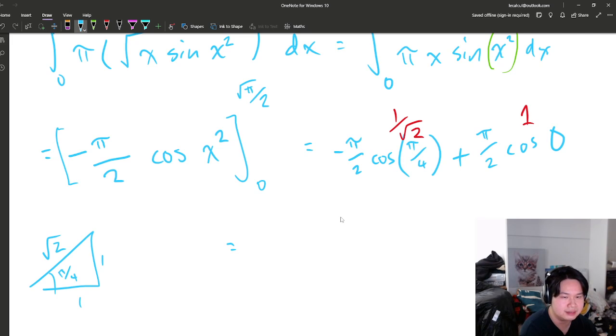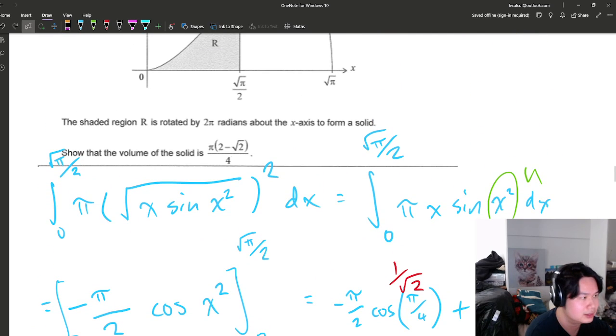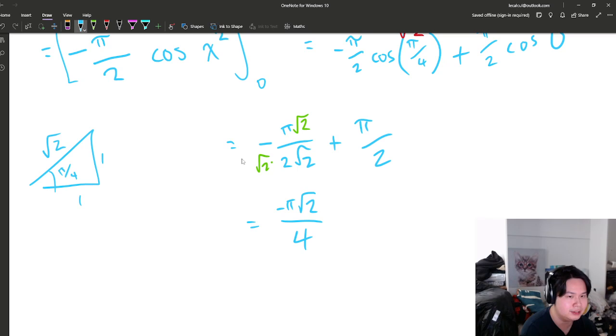Okay, so what is this? We got negative pi over 2 root 2 plus pi over 2. And I don't think this is exactly the way they wanted it. Yeah, okay. So first, rationalize your denominator. So I'm going to multiply this by root 2. So the bottom becomes 4, and then you'll have a negative pi root 2 here.